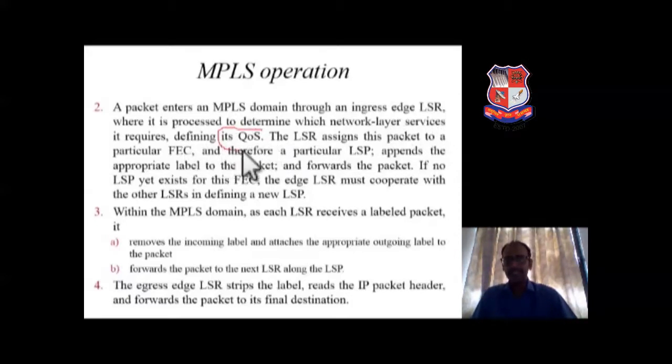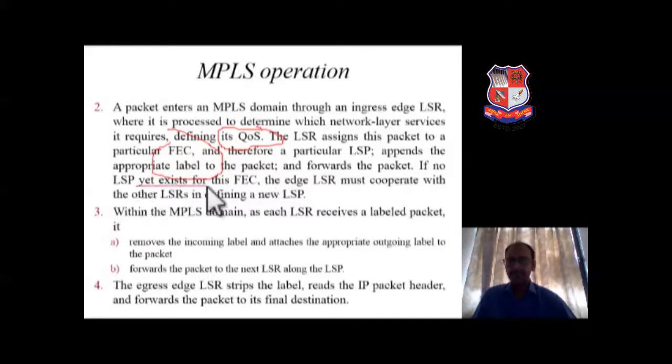So very important, this is the QoS. Based on QoS, the ingress edge LSR has to assign the label for that given LSP. So the LSR assigns this packet to a particular FEC, that is forwarding equivalence class, and therefore a particular LSP, label switch path, and appends the appropriate label to this packet and forwards the packet.